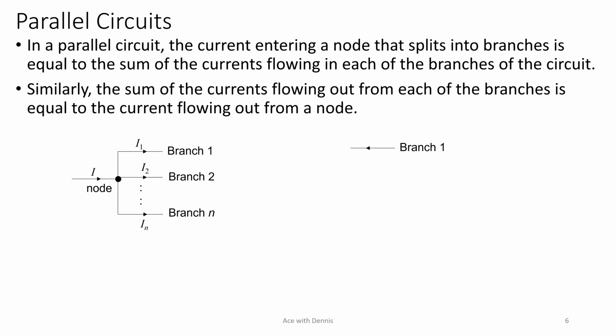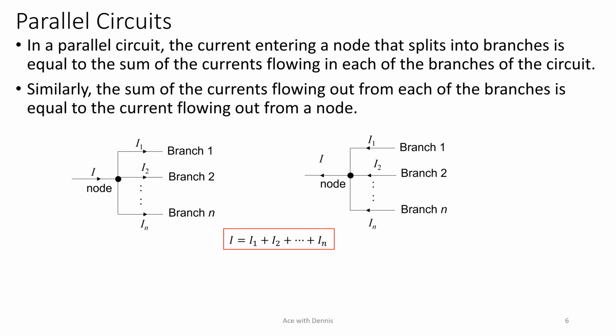Similarly, we can see that for branch 1, branch 2, until branch n, the current flowing out for branch 1 is I1, for branch 2 is I2, and for branch n is In. These currents flow into a node, and the one current flowing out from this node is I. From here, I equals I1 plus I2 plus up to the last current In.